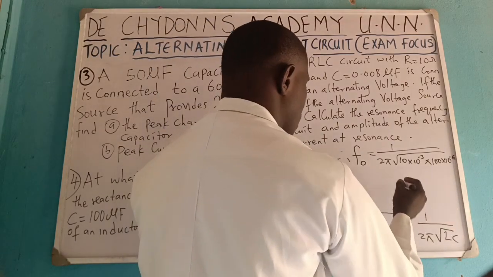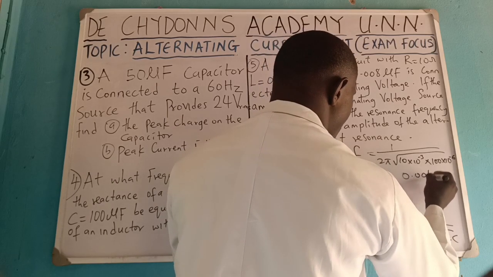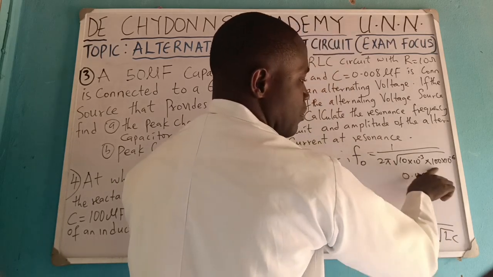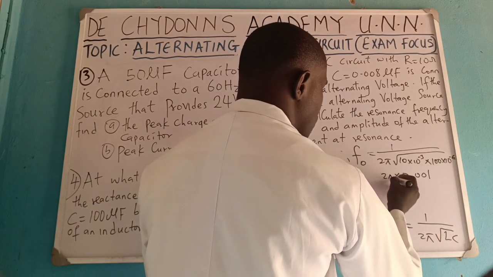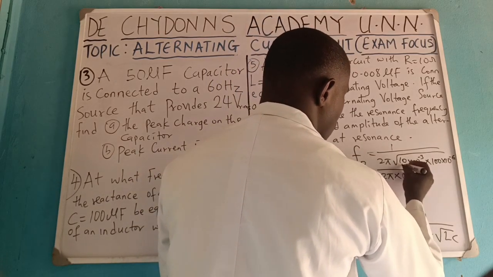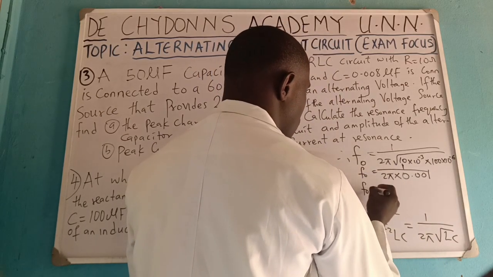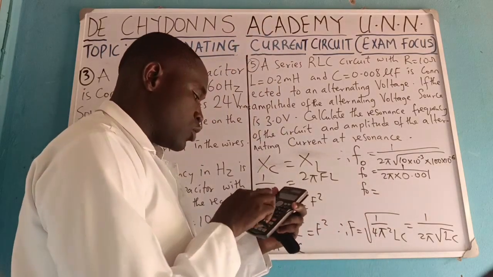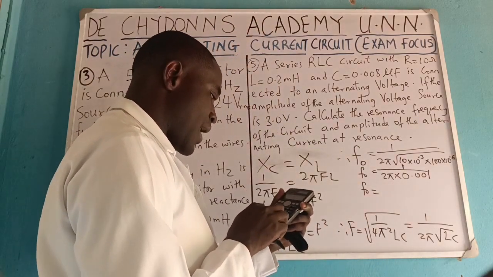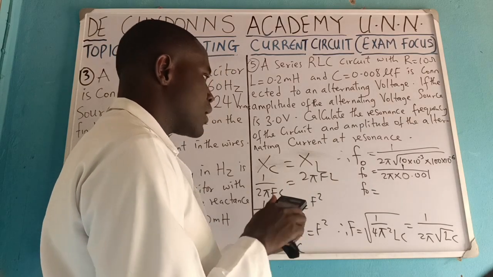That will be giving us 0.001. This gives you 0.001 times 2 pi, 1 over, equals to FO. FO will be equals to, you now say 2 shift pi times 0.001.